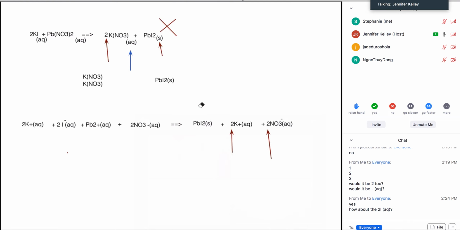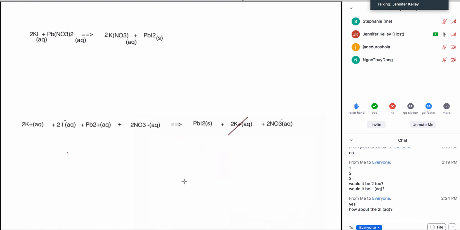All right, and to get to the net ionic equation, again, we're going to cross out all of the spectator ions.